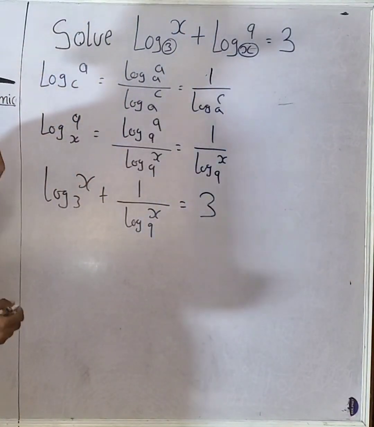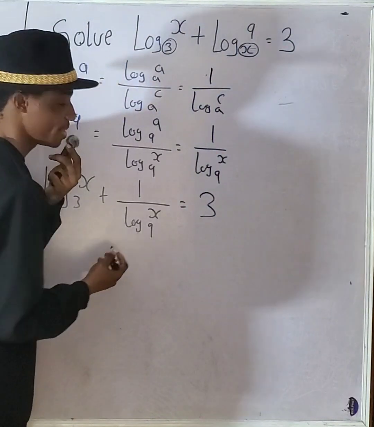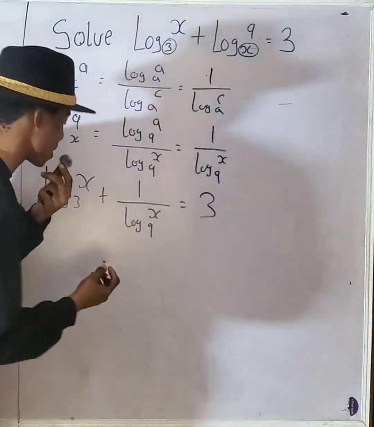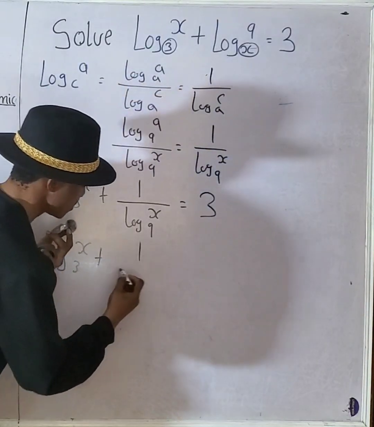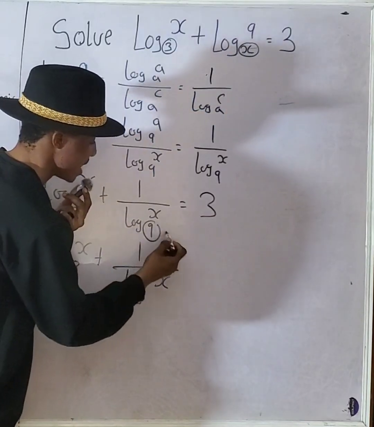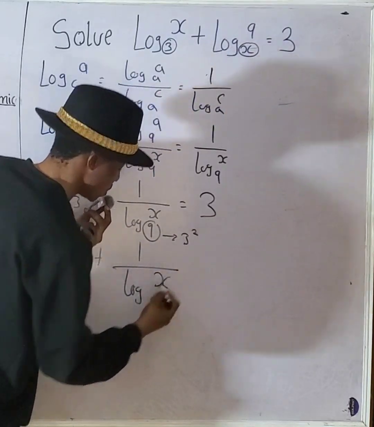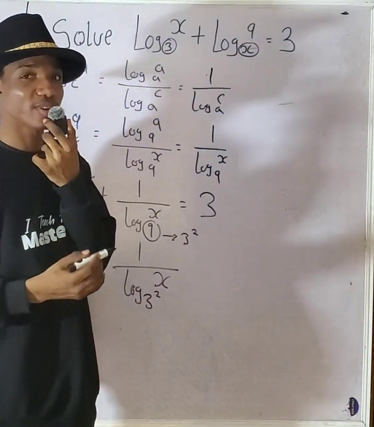Are you following? Okay, now the next step is that 9 can be written as 3 raised to the power of 2. So I'm going to have log x base 3 plus 1 over log x base, now this 9 here I'm going to rewrite as 3 raised to the power of 2. Okay, another law of logarithm.